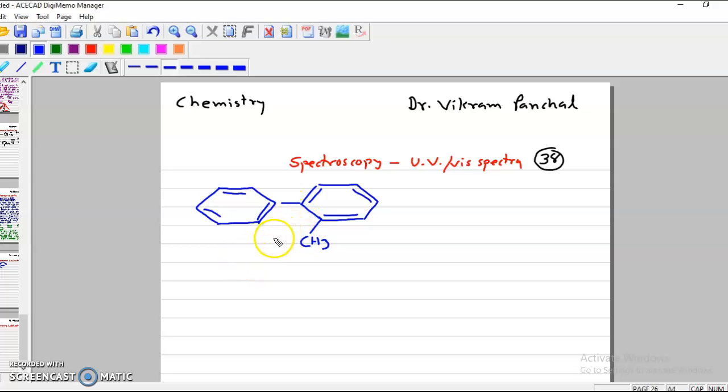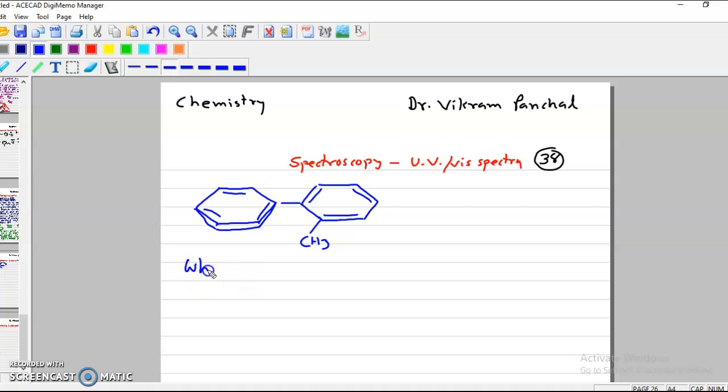Because of the presence of the methyl group on the second carbon, this benzene, which is close to the methyl group, because of steric hindrance, will change the plane. Now, this benzene is not in the same plane. Both are perpendicular to each other, because of the presence of the methyl group, and that is due to steric hindrance.